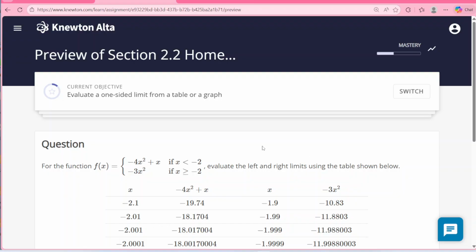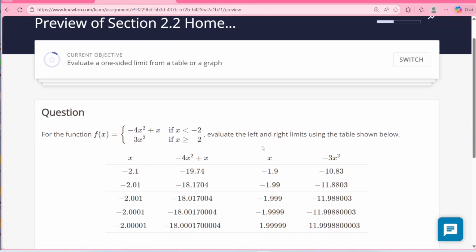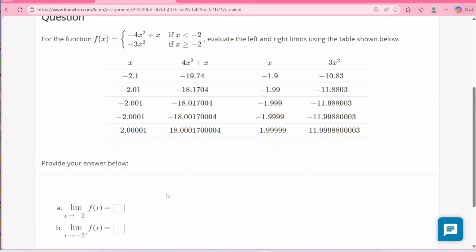All right, so this is from a table now. So you're given a piecewise defined function, and they want the left and right limits that they're asking for down here using the table below. So the first one is, what's the limit as x approaches -2 from the left? So that means I'm plugging in values of x less than -2, right?